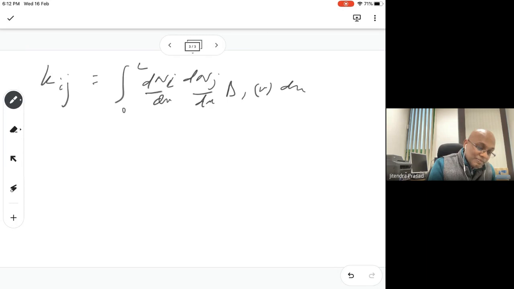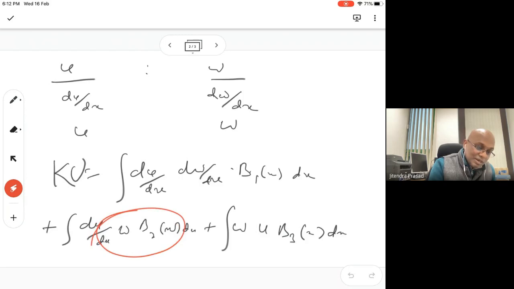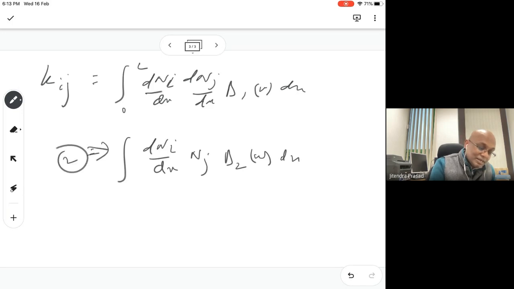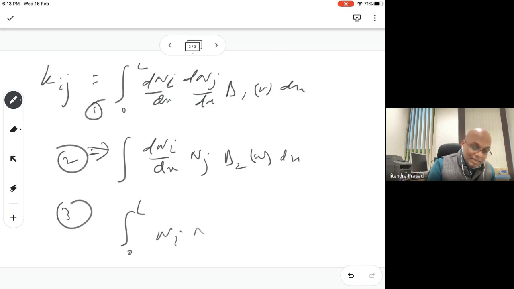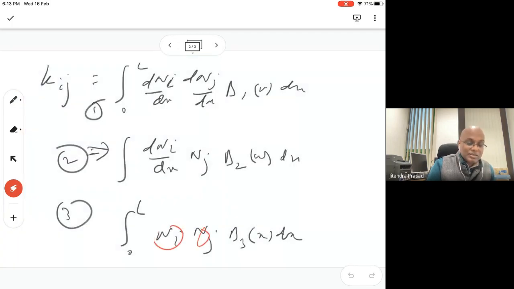Or if you have the second one like this, then you will have dni over dx, nj, b2x dx. Third type could be 0 to L, and then you have ni nj b3x dx. This kind you will get from here because you have w times u, so you will have ni and nj like this.